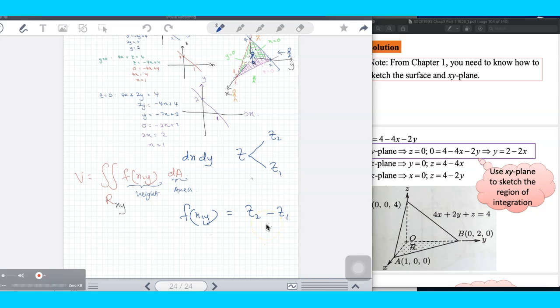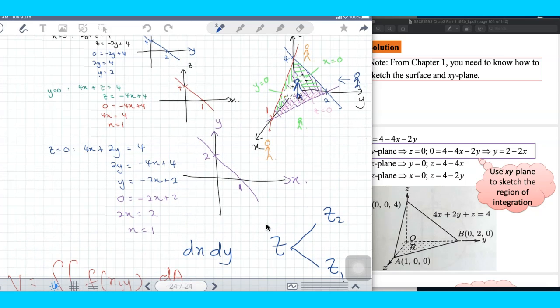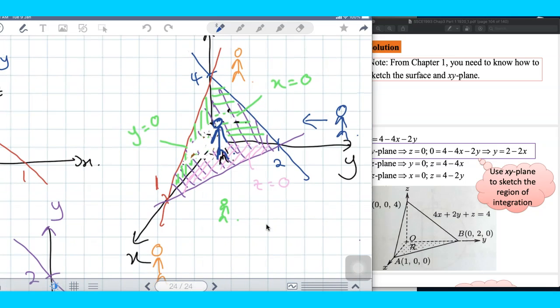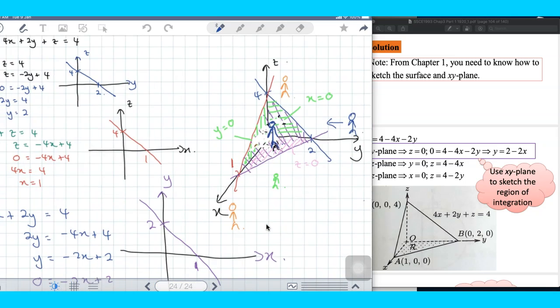Okay, so now from this solid, you can determine the Z1 and Z2. Again using these small people, which is you inside there, ask yourself, when you are standing like that in that solid, imagine who becomes your floor or your lower bound. Or in Malay, I will say, siapa yang you pijak sekarang?